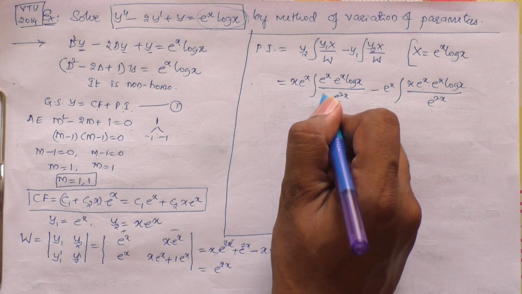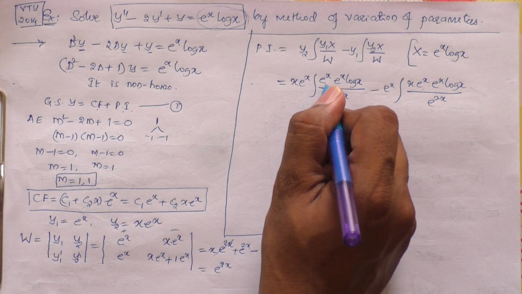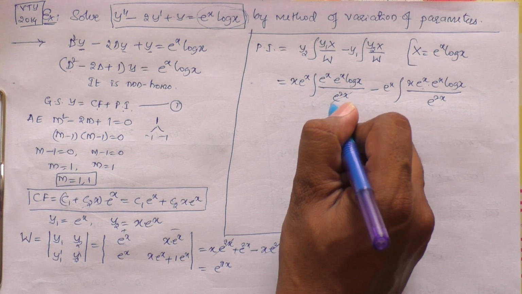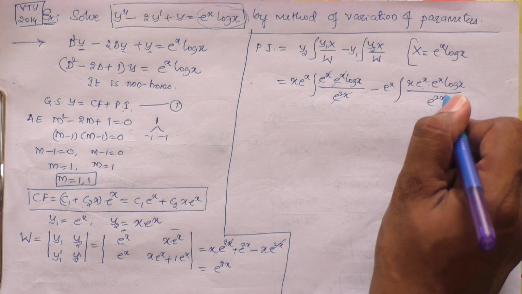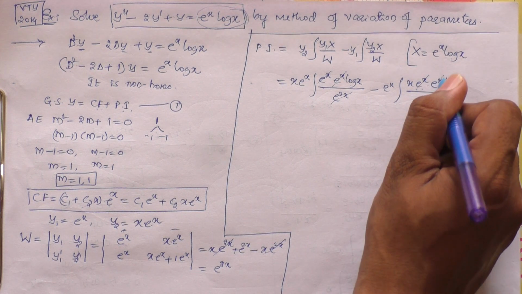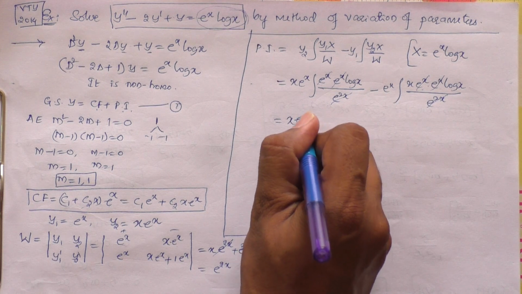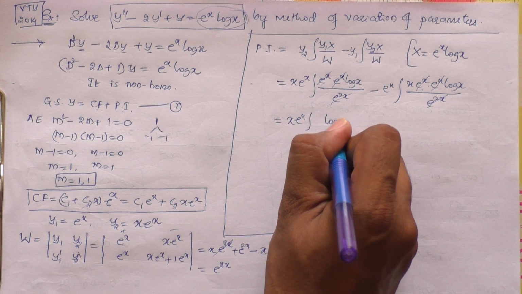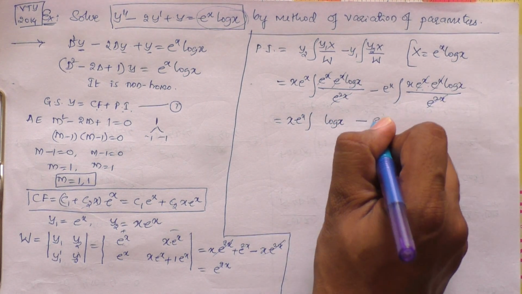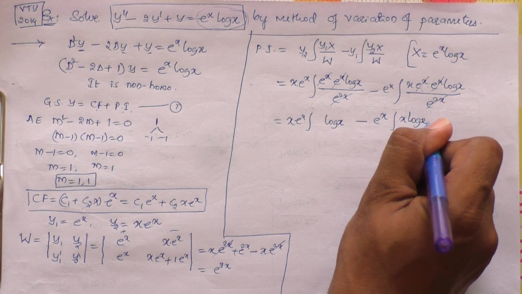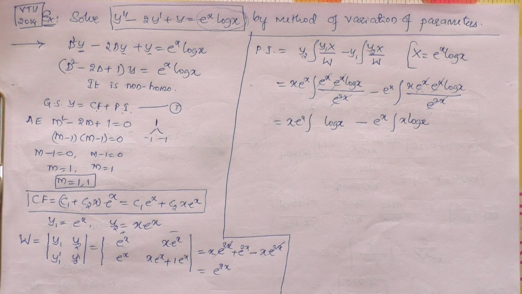Now here in this integral, the numerator e raised to x, it is e raised to 2x divided by e raised to 2x. So this term gets cancelled. Here also e raised to 2x gets cancelled with e raised to x. So now we get here x e raised to x integration of log x minus e raised to x integration of x log x. So like this we got integrals.